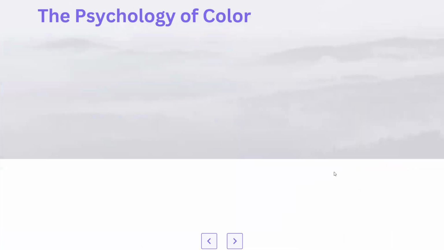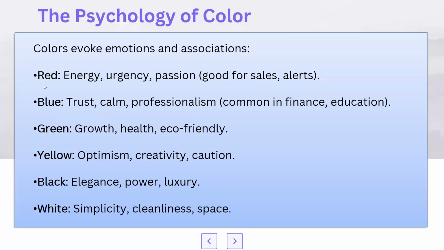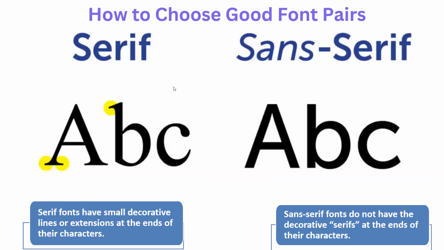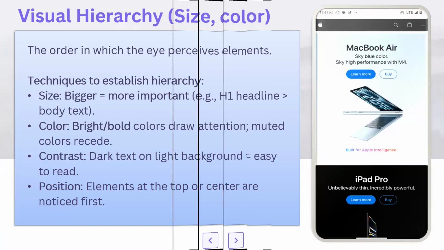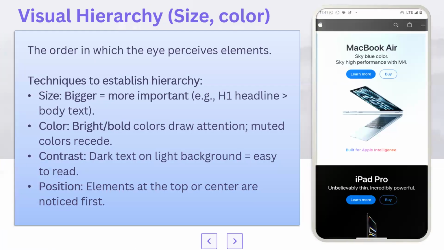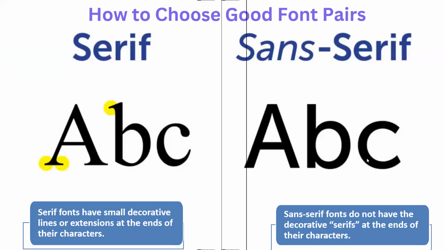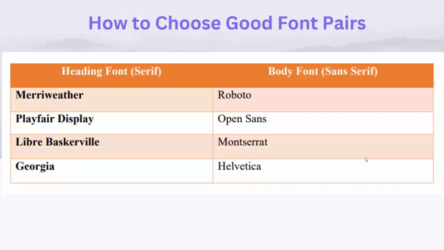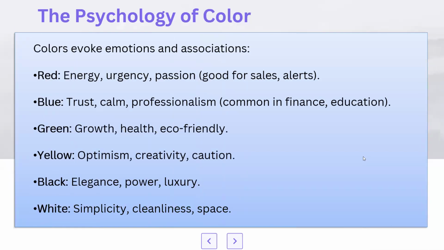For example, red evokes energy, urgency, and passion. You saw that in my illustration somewhere. If you look at Apple on their website, you see the color they're using is blue. Now, the choice of the color you are using can determine the kind of action you are communicating, where companies don't have colors.